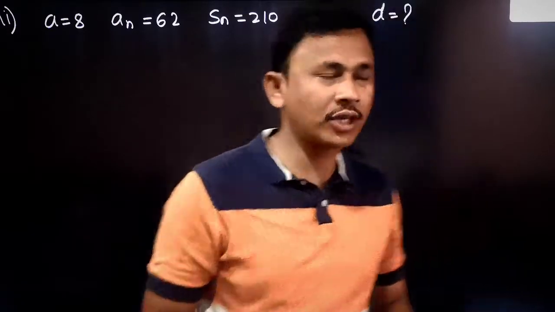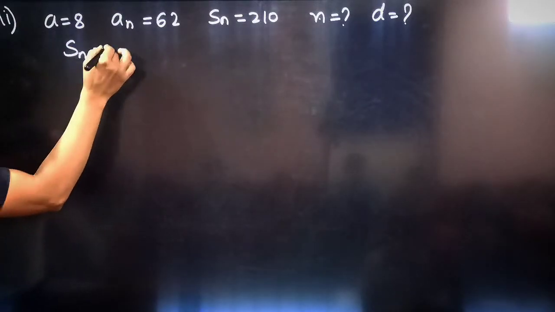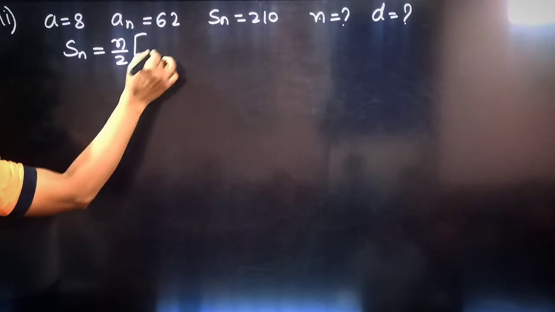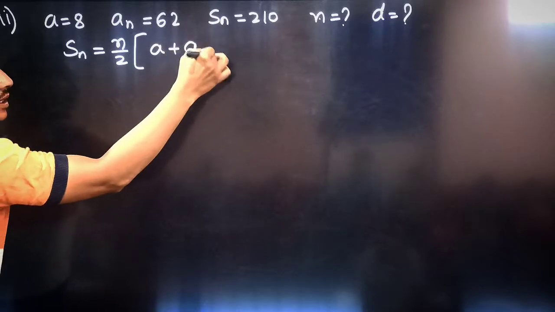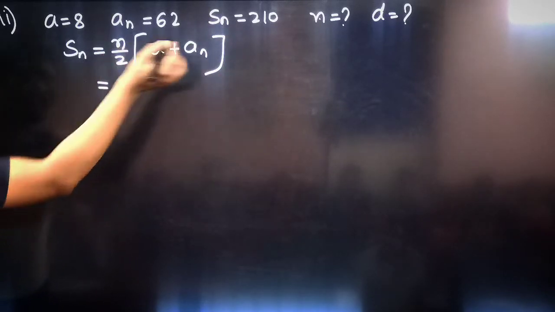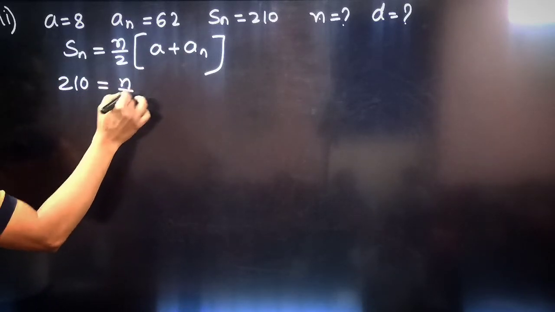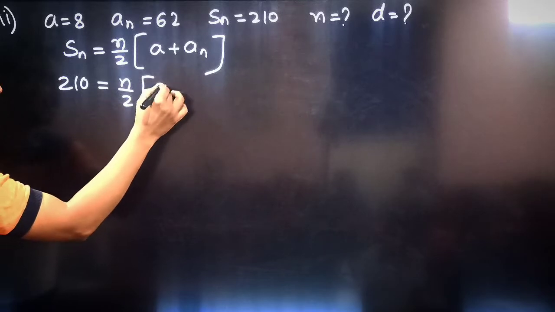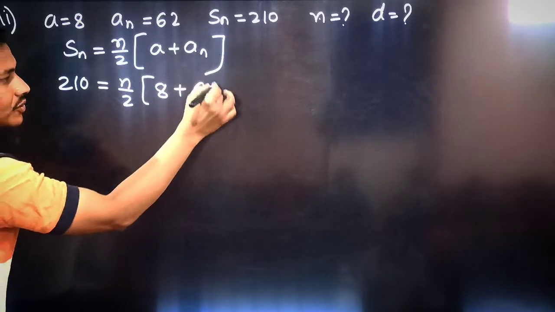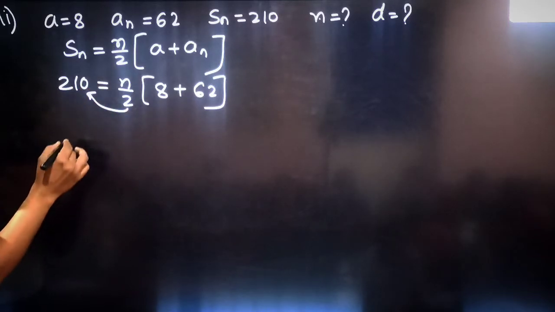What is the short formula for sn? Sn is equal to n divided by 2 in bracket a plus an. The n value we don't know, but sn is equal to 210. n divided by 2 in bracket, what is the a value? 8 plus 62.